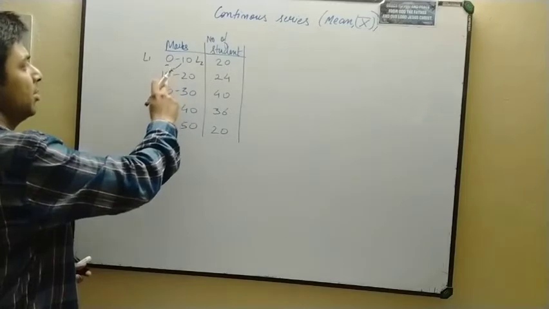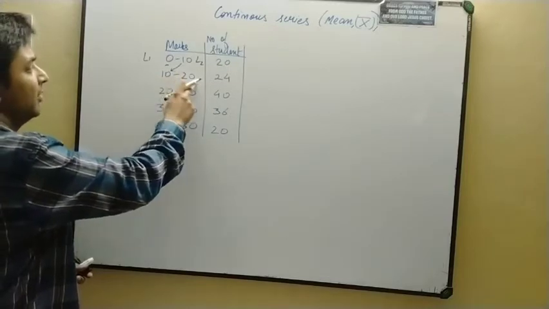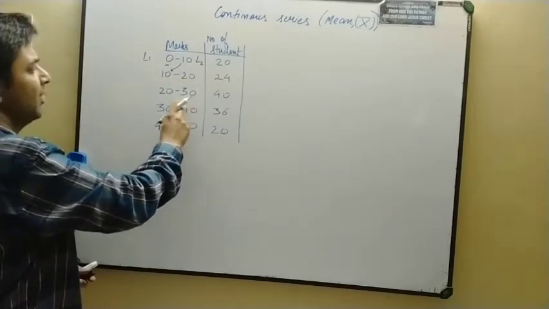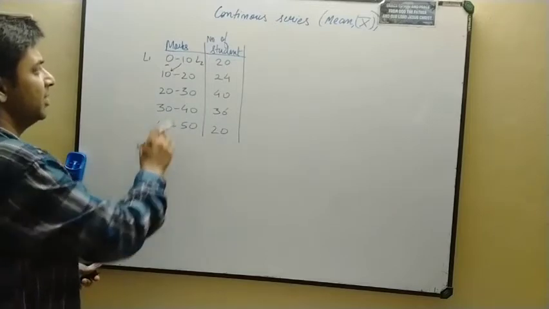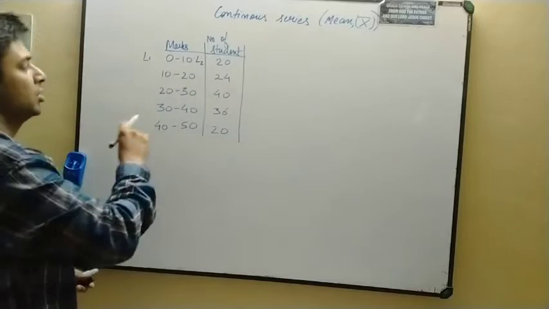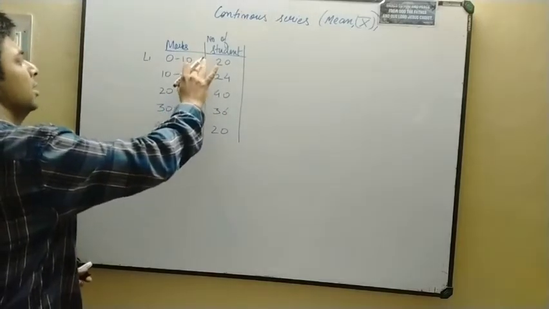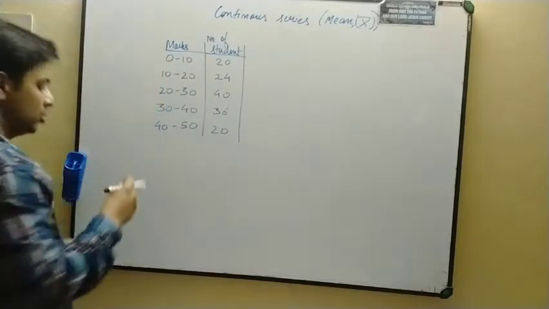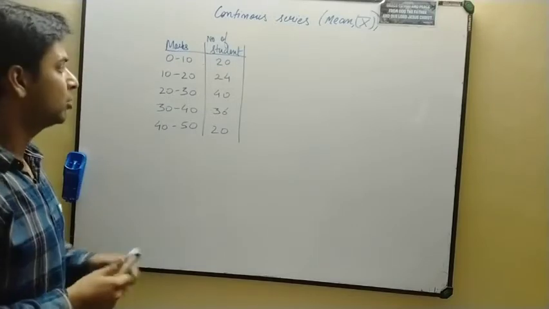The same lower limit will come here, and the difference is again 10. So the difference is 10 everywhere, and there is no problem in solving such a question, because if there is no difference, then there is no problem.